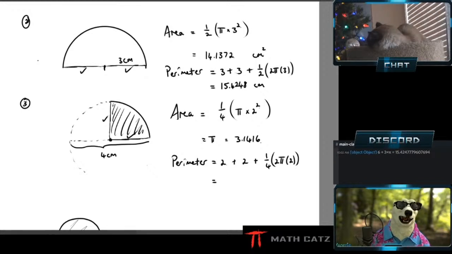Oh, we actually don't need a calculator, but I will just show it in the chat. 2 plus 2 plus, see the 1 over 4, and there's a 4 inside the bracket, so it's just pi. Which of course will be 7 plus 3.14159. Sorry, 7.14159, so 3 plus 4. Right. So not much more we can do.